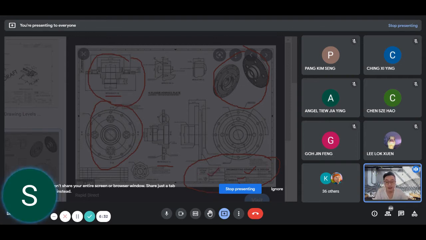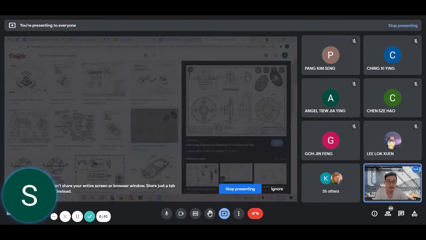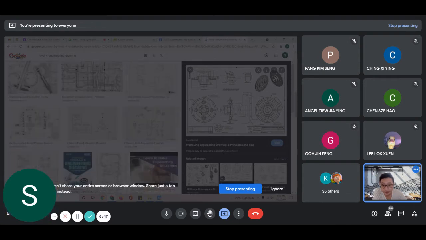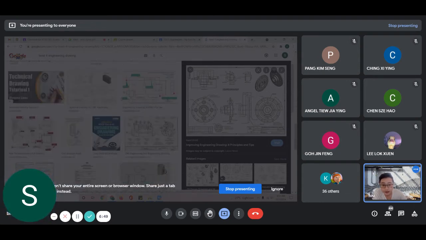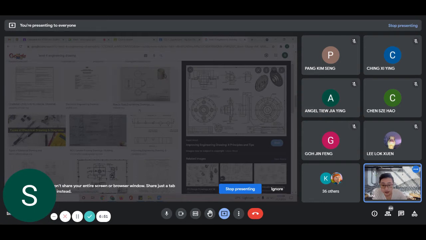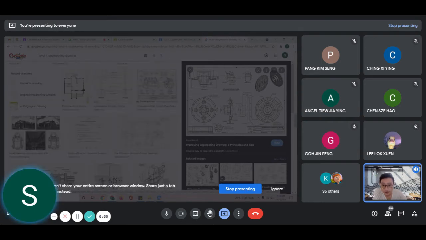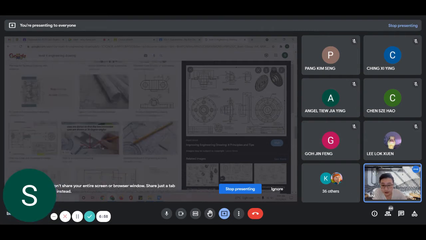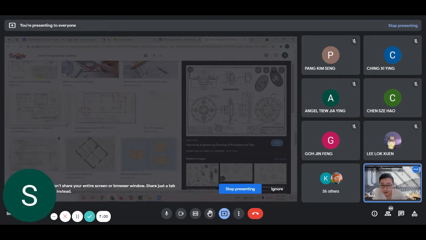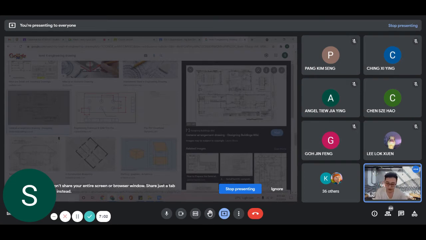This is how a typical construction drawing will look. But this is not for building, this is more for the M&E parts. Just an example of how a typical drawing will look. So let's have a look at, let's say, a building.